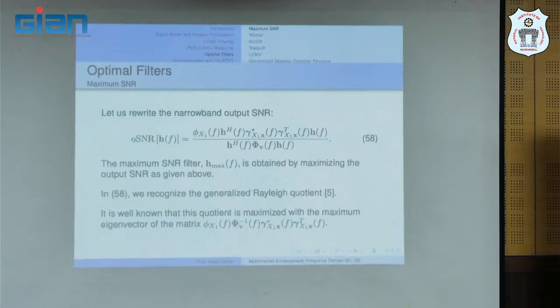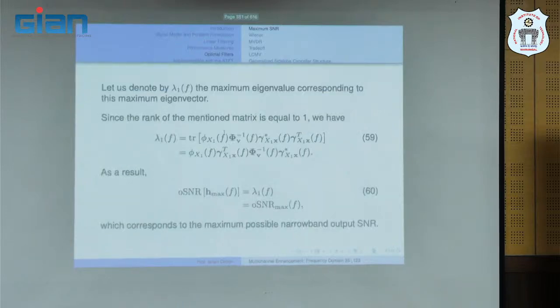We can also ask which filter will maximize the SNR, which will give us the maximum SNR. So if we write the output SNR, we have this expression.